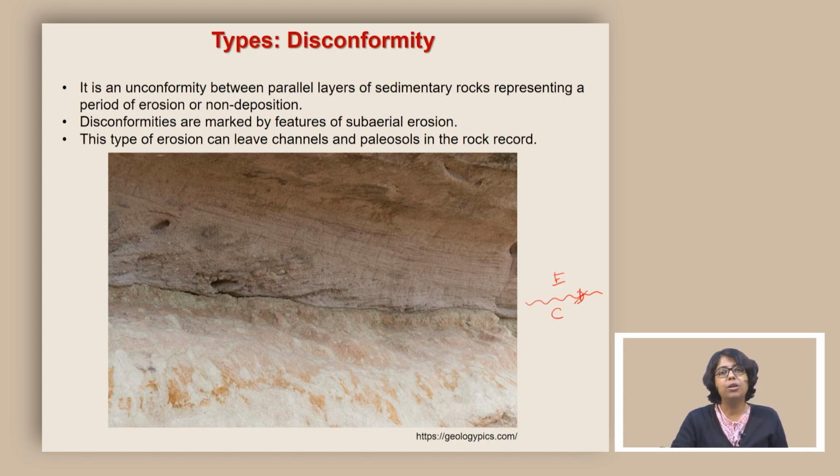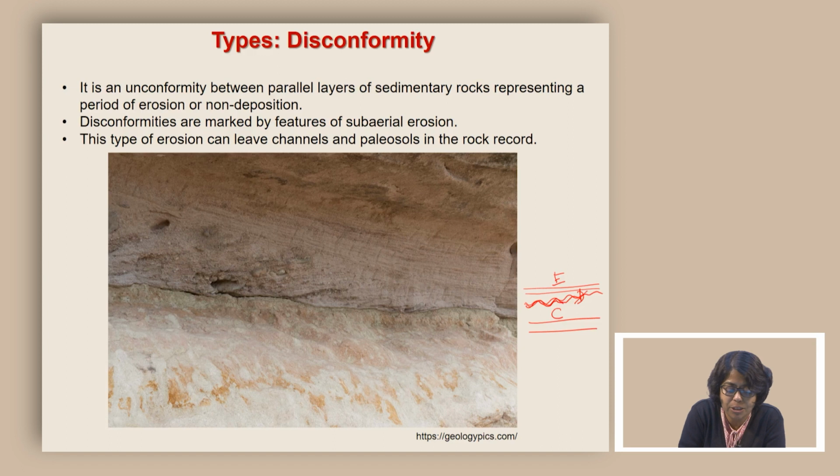Some parts are eroded more, some parts are eroded less, and therefore, it is going to create a boundary between C and D which is not perfectly horizontal, it is not perfectly parallel to the layering above and layering below, and in this case these kind of unconformities are called disconformity.